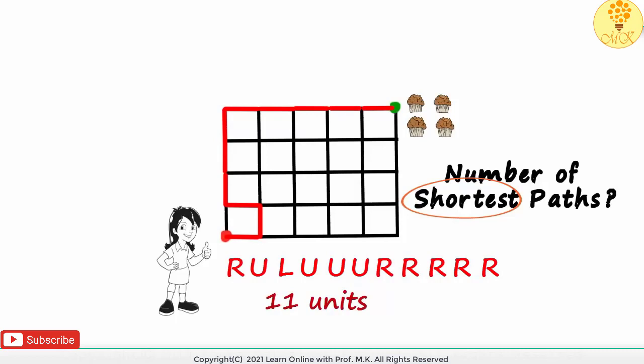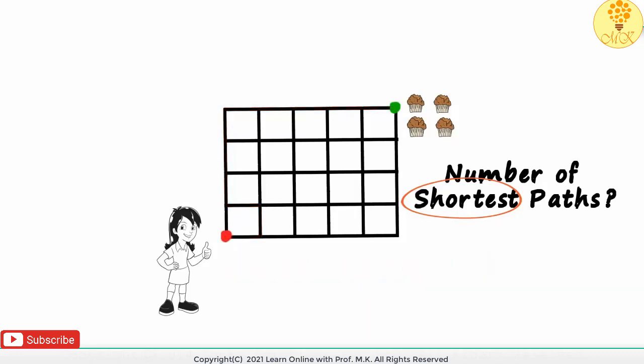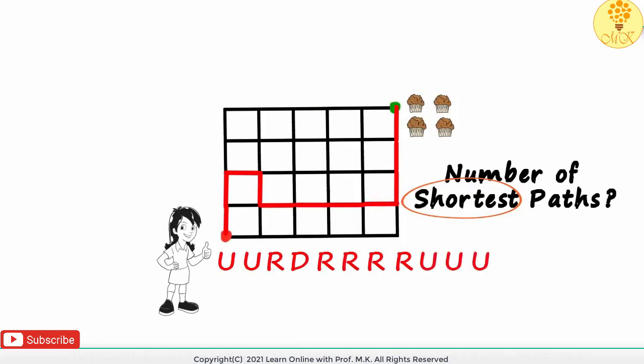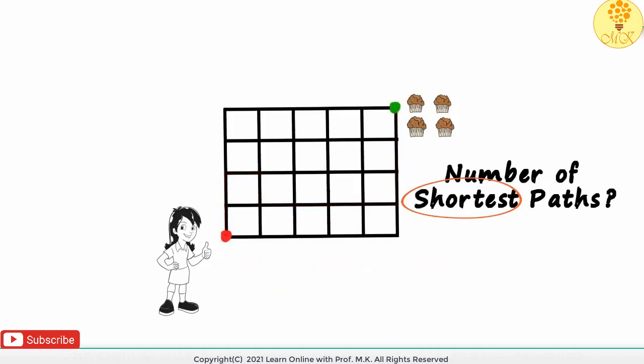This will be 11 units and it's clearly longer than 9. It's because we took a left here. The same logic applies if we go down. Up, right, down, right, up, and up. 11 units, more than 9. So for the shortest paths, we can either travel right or up, not left or down.